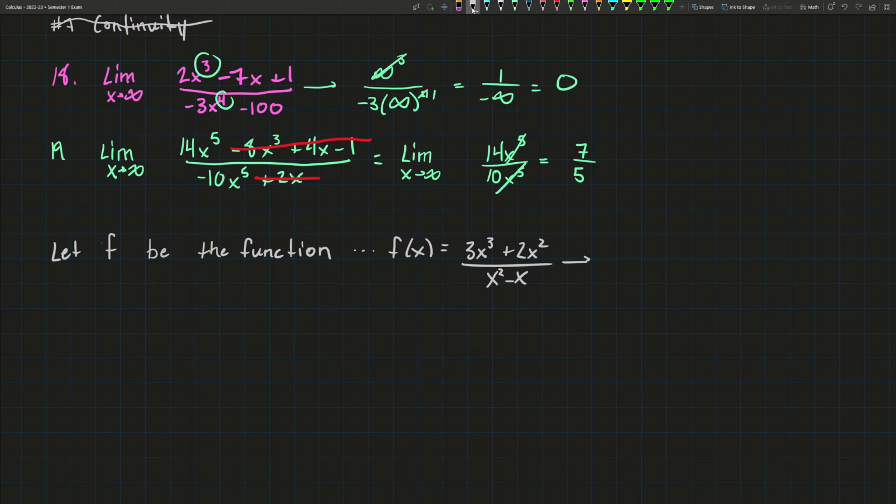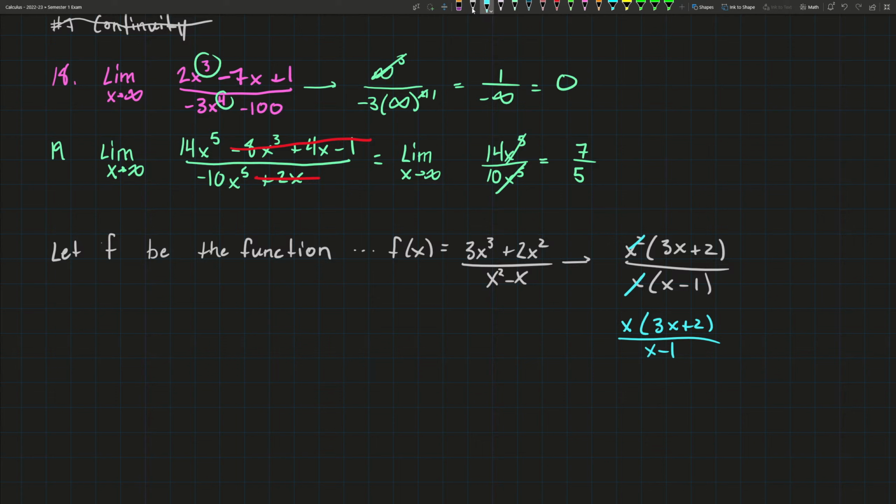If we were taking the limit anywhere, the good thing to do would be to factor stuff out just to see what's happening with the entire thing. On top, you can factor out an x squared, and you're left with 3x plus 2. On the bottom, you can factor out an x, and you're left with x minus 1. We can factor out one of those x's with one of those, so we're left with x over x minus 1.